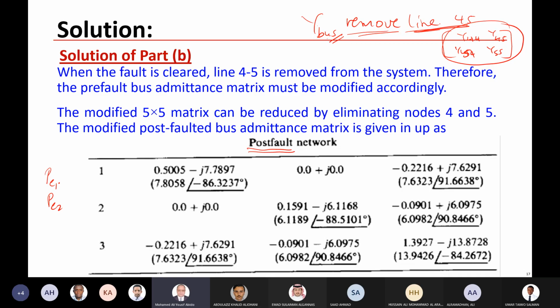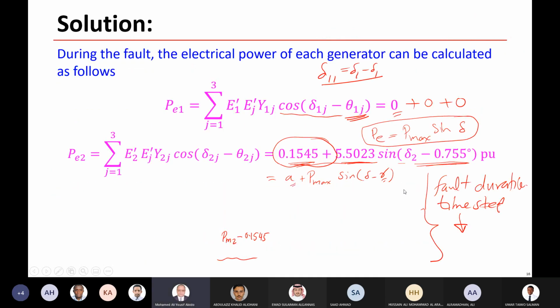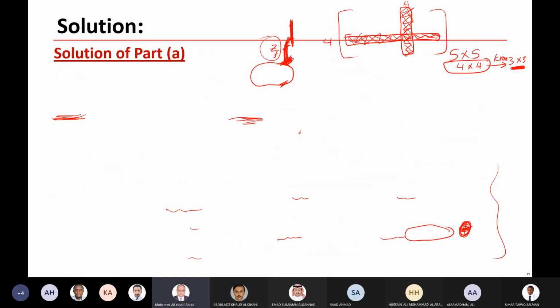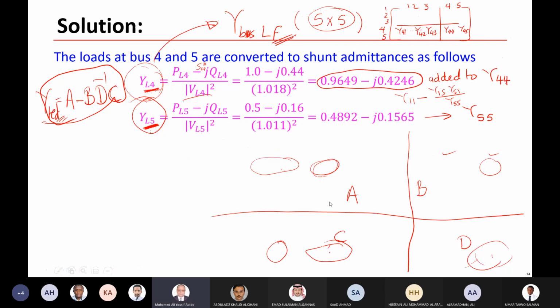We adjust, but the matrix is still a 5 by 5 matrix. Again, you add the loads at 4, 4, and 5, 5, and then you add XD prime for the machines, bus 1, bus 2, bus 3, and then you do Kron reduction. In this Kron reduction, you eliminate 4, 5.